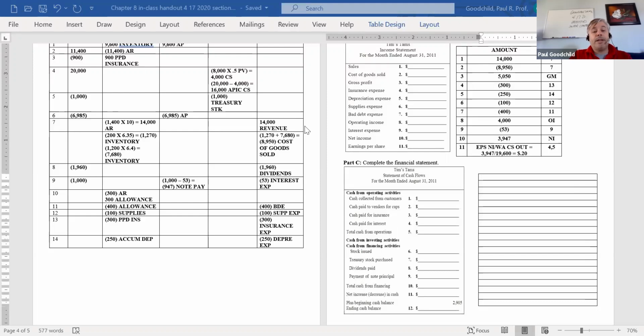Where did the 19,600 come from? All right, so we have beginning balance of common stock shares was 12,000. We issued 8,000, and that was in transaction 4.